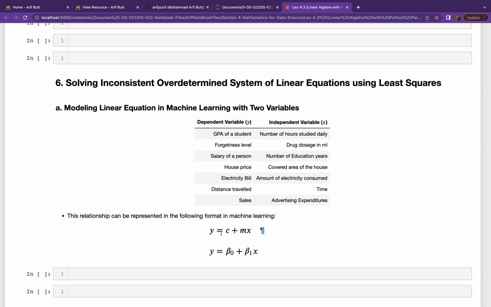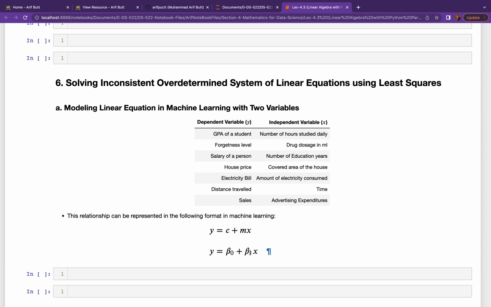And this y is equal to c plus mx is the equation of a straight line. And in machine learning, we normally use the symbol beta 0 for the y-intercept and beta 1 for the slope. This beta 0 is actually the minimum value of y. For example, in case of GPA, beta 0 is the minimum GPA that a student will get even when he or she does not study at all. Similarly, this beta 1 is a value that quantifies the effect of study hours on GPA.